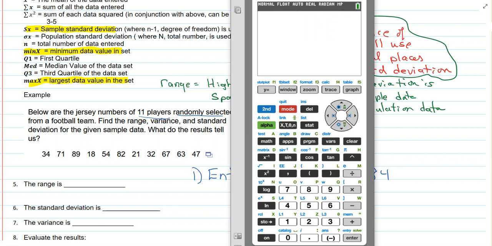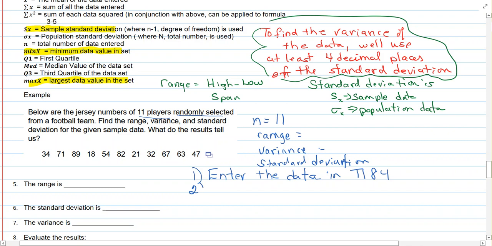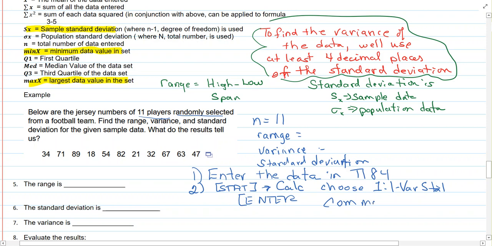And I need the 5-number summary. So we're going to give it a command. Here we go.